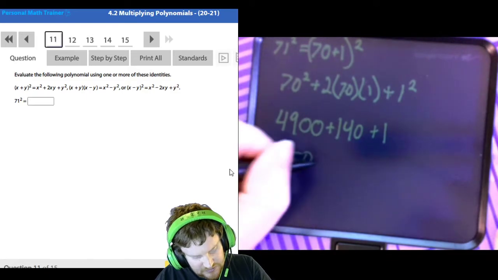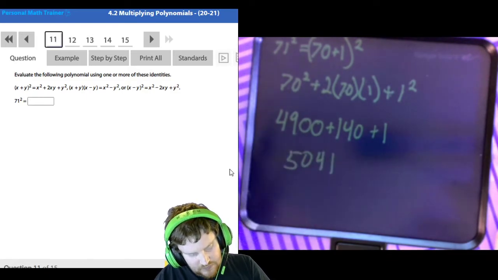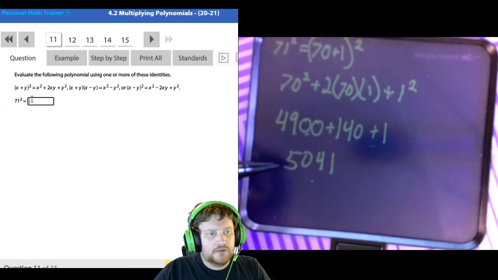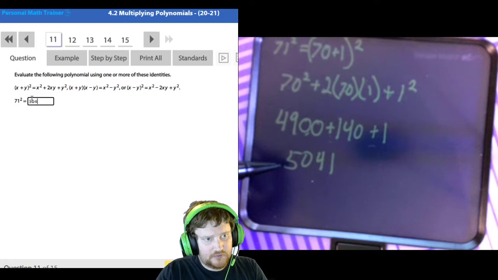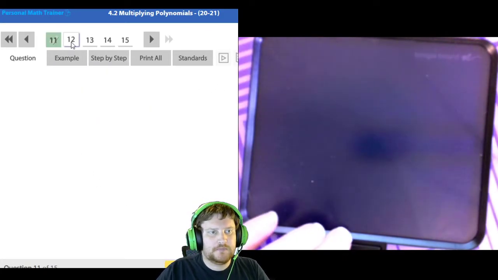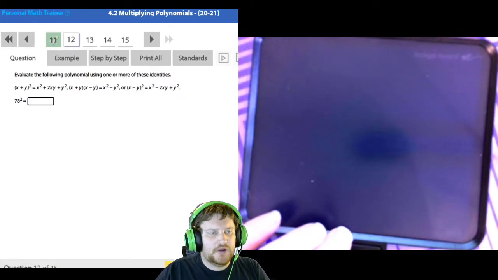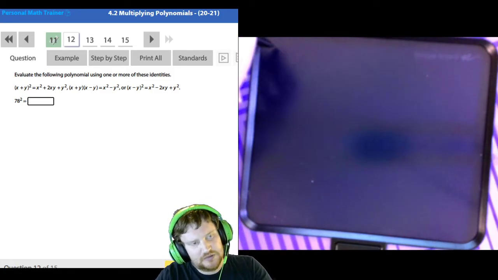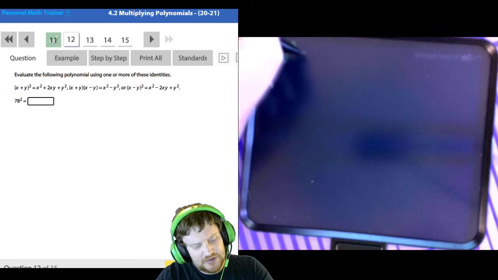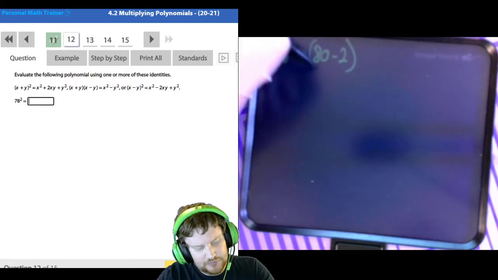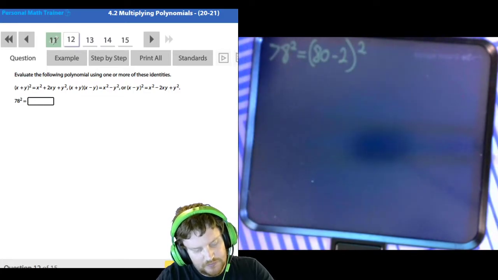That's 5041. 78 squared. Same thing here. And I think the easy way to do this one is going to be 78 squared equals 80 minus 2, because 80 is another relatively easy one.